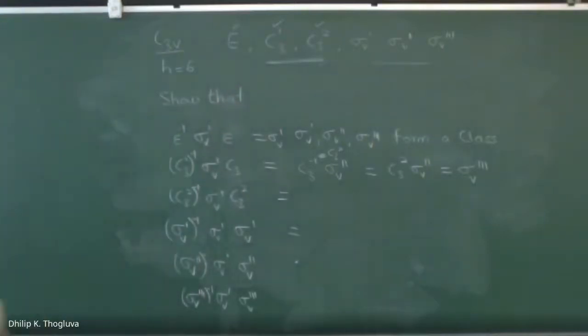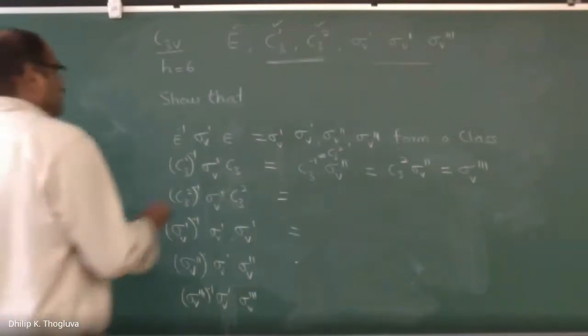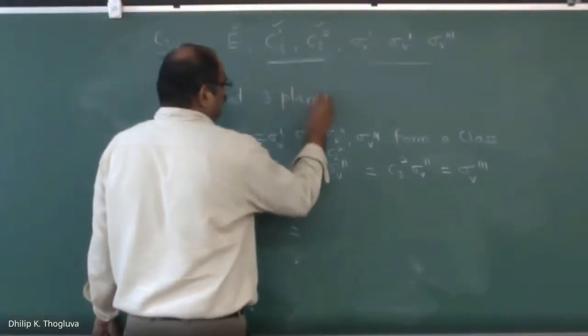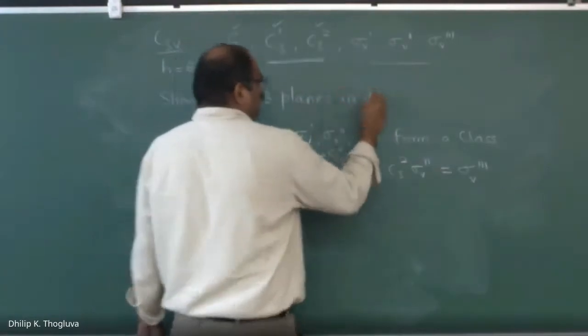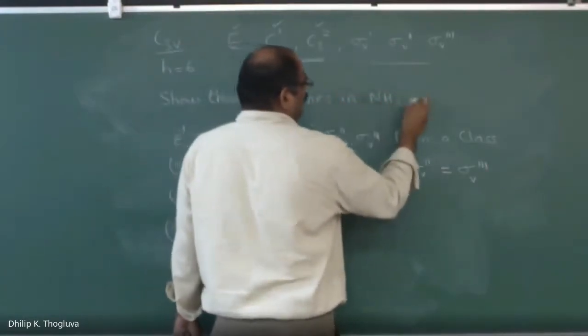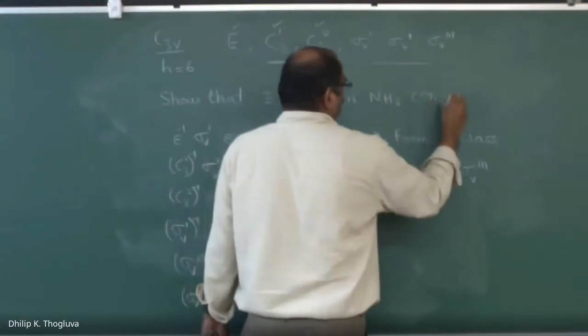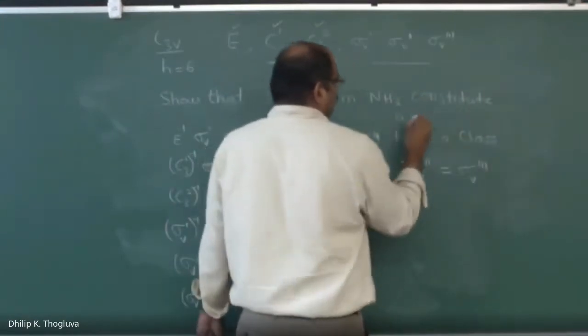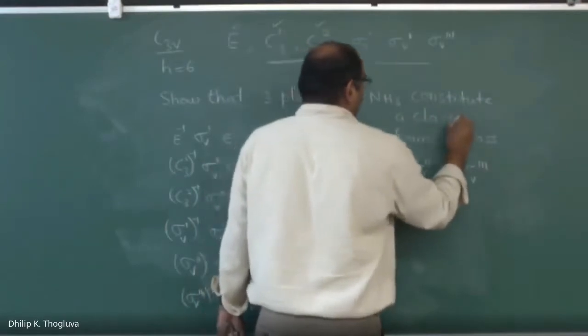Show that planes in ammonia constitute a class. So that three planes in ammonia constitute a class. Okay, so how do you prove it?